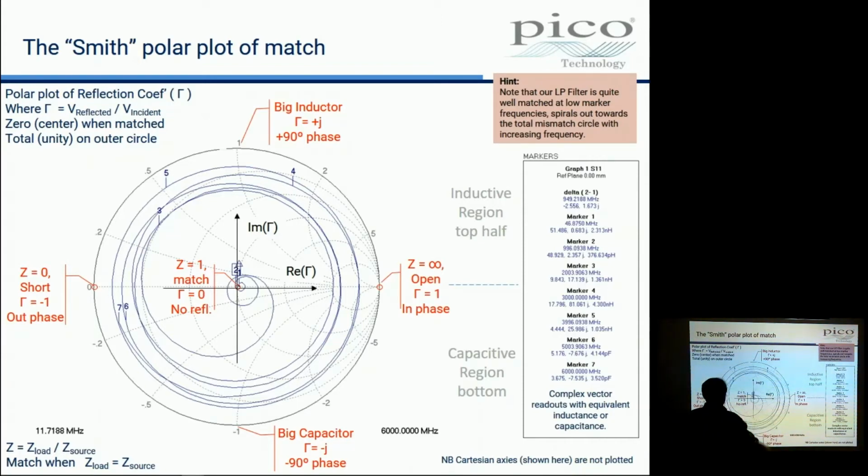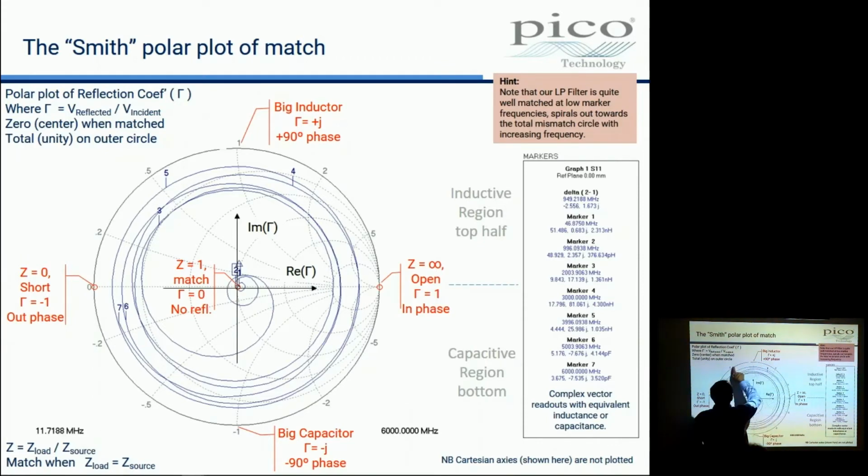So right in the middle, Z equals 1, match, the reflection equals 0, no reflection. If we were right over here, we'd have a real magnitude of 1 in phase with the signal that we sent. So we sent a signal and we got the whole lot back in phase. And you might remember that we said that is an open.